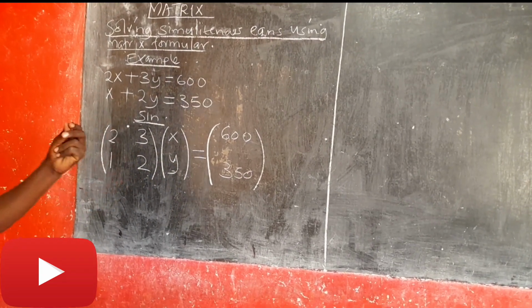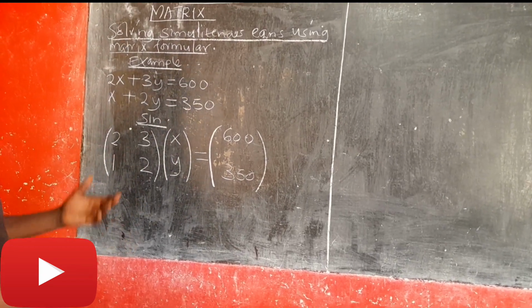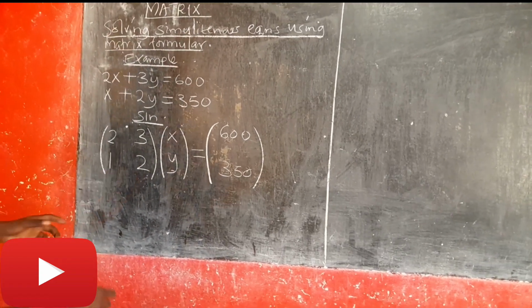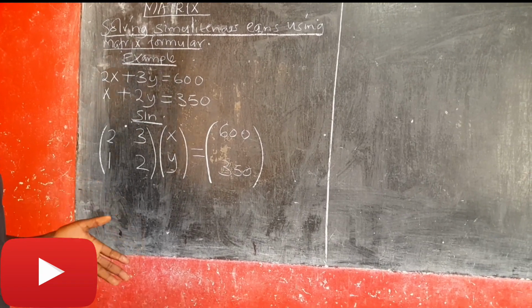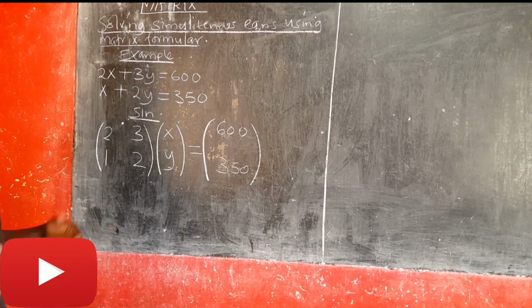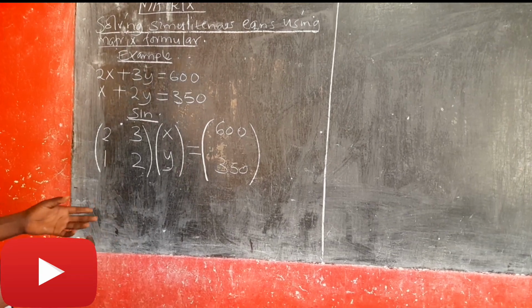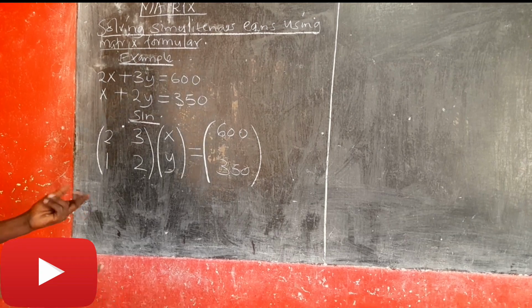The second step we are going to follow is to get the determinant. First of all, we must get the determinant of this matrix. So how do we get the determinant? It is the main diagonal minus the minor diagonal, or others call it the major diagonal minus the minor diagonal, or others say it is AD minus BC. This is what I mean.